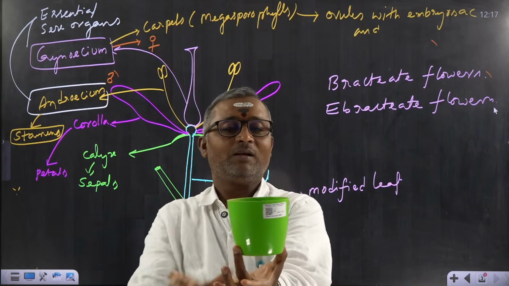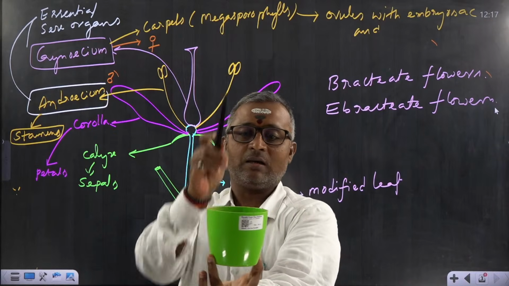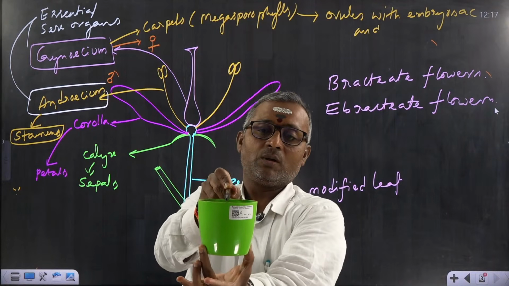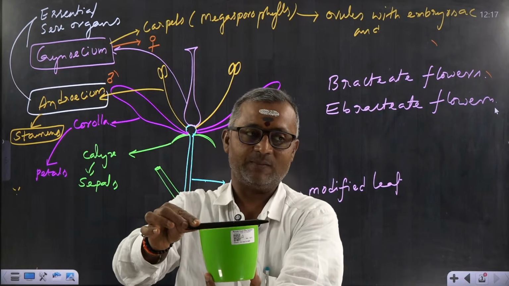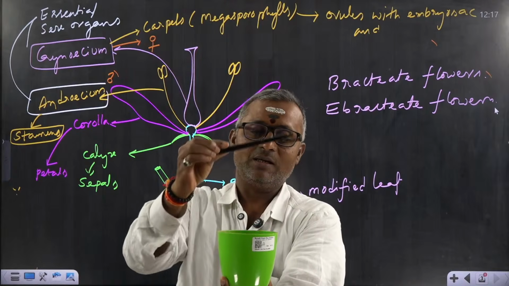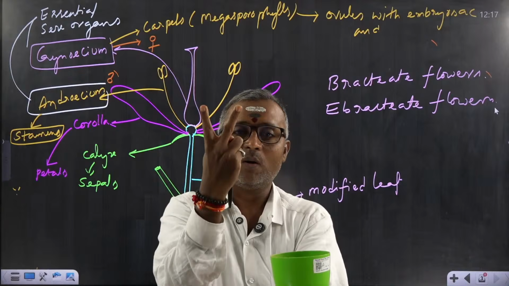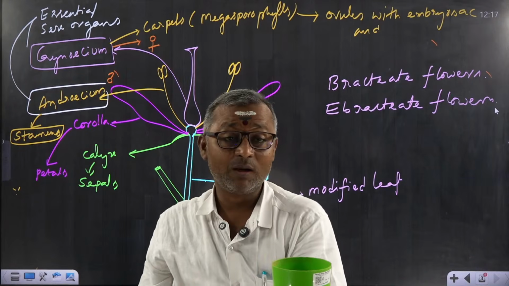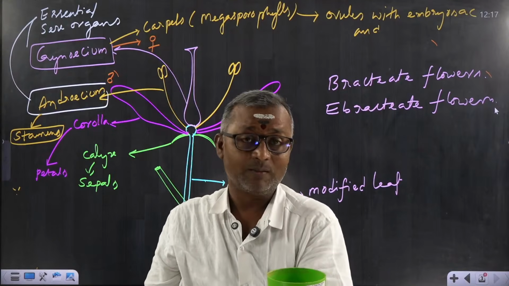If this flower is cut into vertical halves, like in this plane as well as this plane, into two equal vertical halves, got it? Be clear.